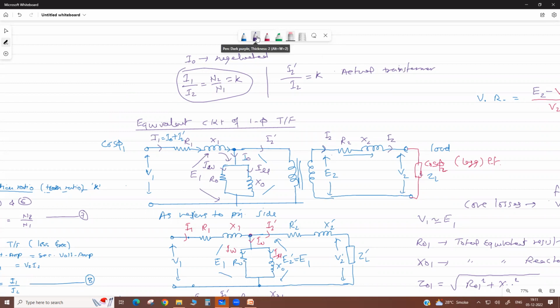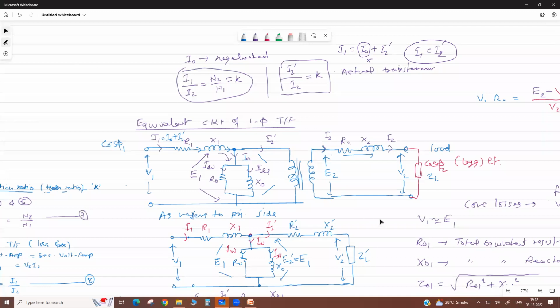Sorry, yes, equal to K. Actually, here you see, if we neglect this, I1 equals to I2 dash. We replace I1 equals to I0 plus I2 dash. It means if this is neglected, then I1 equals to I2 dash.